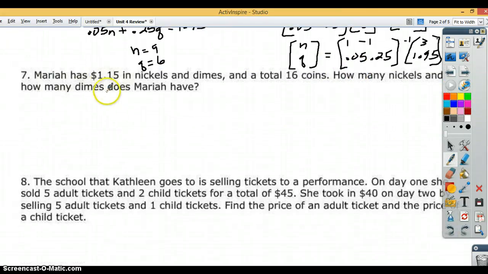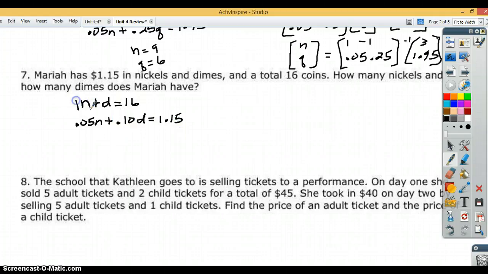Alright, so I'm going to set this one up and then you guys can do it on your own. So Mariah has $1.15 in nickels and dimes. She has 16 coins total. How many nickels and dimes does she have? Okay, so let's think about total. So nickels plus dimes is equal to 16. The dollar value of nickels times the number plus the dollar value of dimes times the number of them is equal to $1.15.